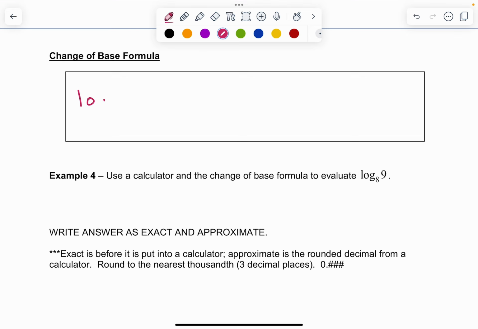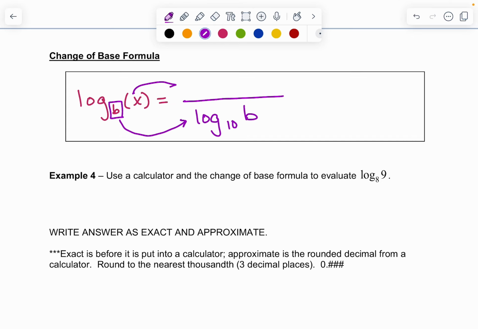So let's say I have a log base b of x. I could take my base, bring this log over here, give it a common base, let's say 10, and then I can take this one up here, give it the same base.